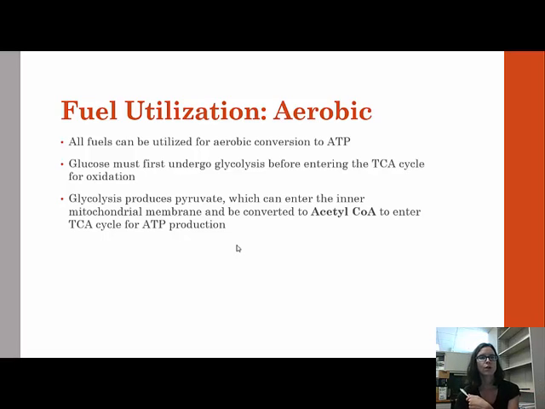So glucose undergoes glycolysis, and then it produces pyruvate, which can enter the inner mitochondrial membrane and be converted to acetyl-CoA, and enter the TCA cycle for ATP production. And this acetyl-CoA substrate is very important to remember because it's the common substrate that we need from all the different types of fuels in order to power the TCA cycle and electron transport chain.